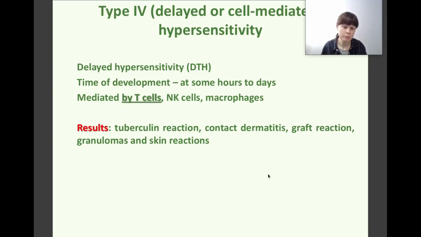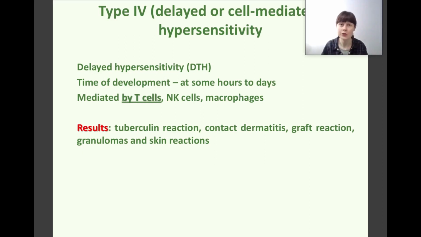Also, this is cell mediated, by specific cells like T helper cells. Also, tissue injury occurs predominantly due to activated macrophages.